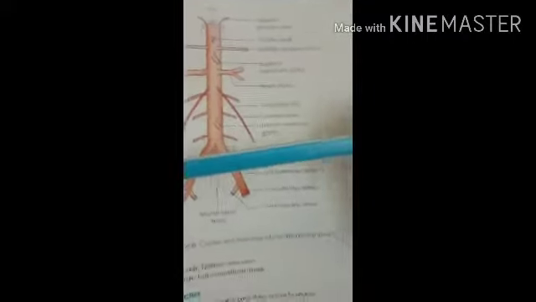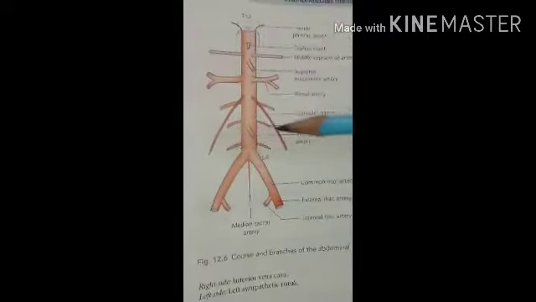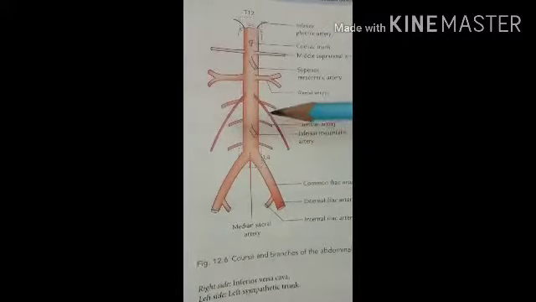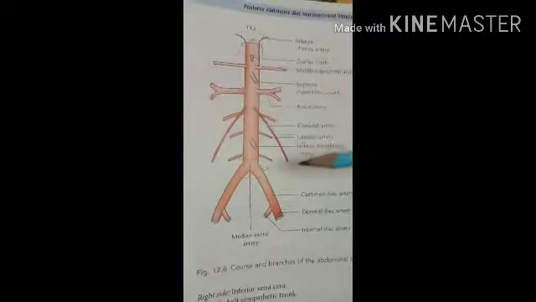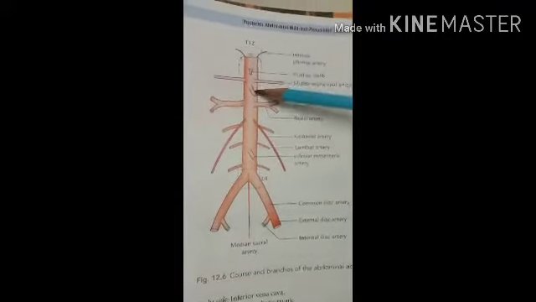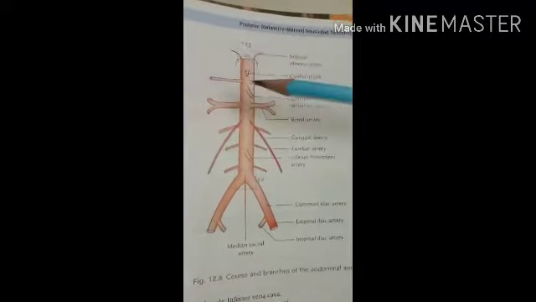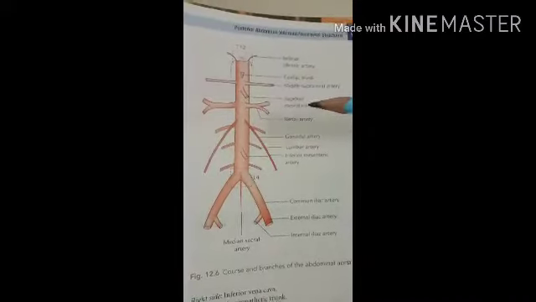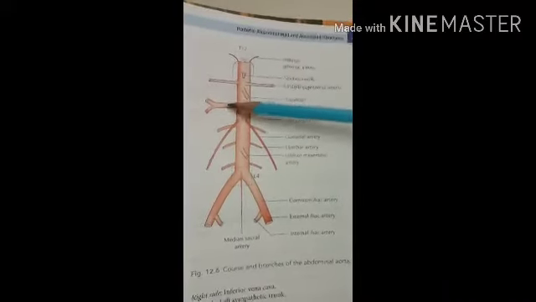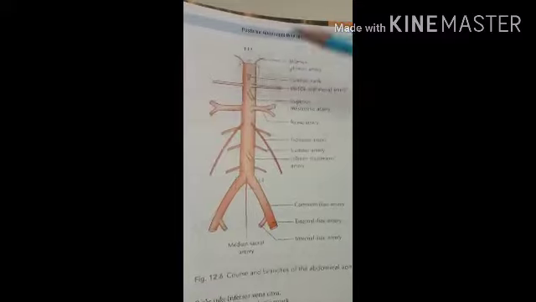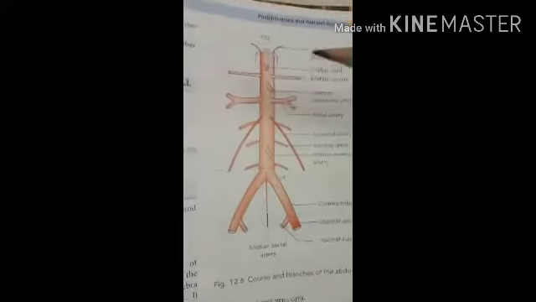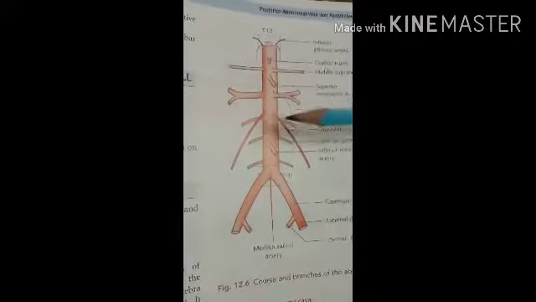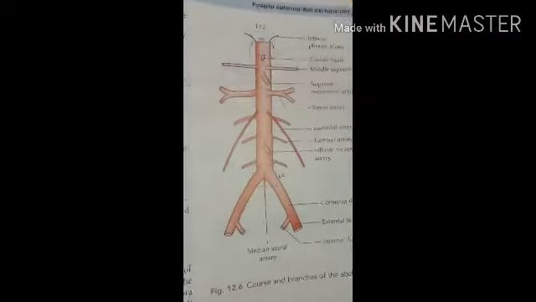During its course it gives several branches, that is, three sets of branches. One is the three unpaired branches, this one, this one and this one. Second, the three paired lateral branches, this one major and this one major, and the paired posterolateral branches. So these are the three sets of branches given by the abdominal aorta.